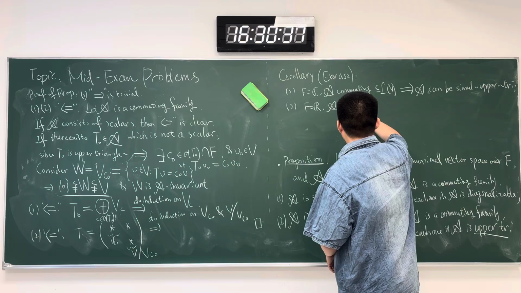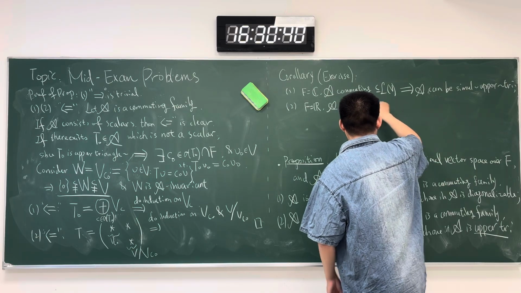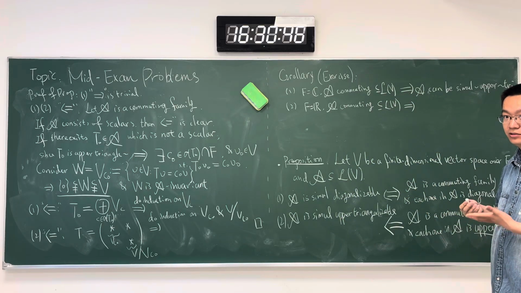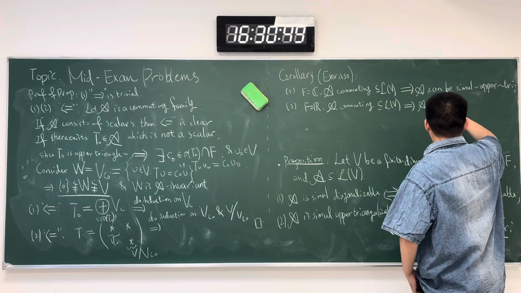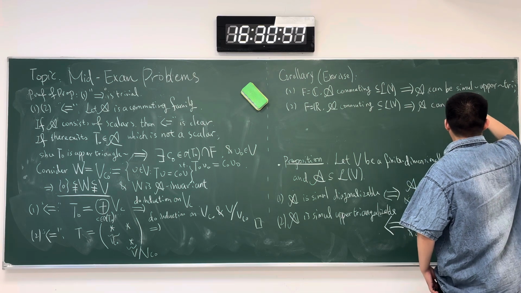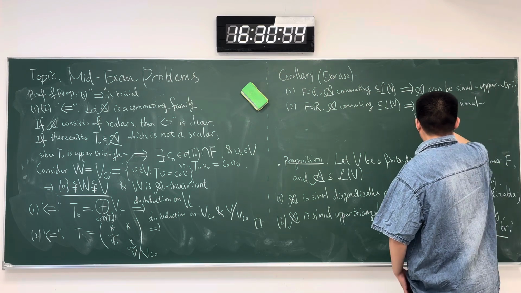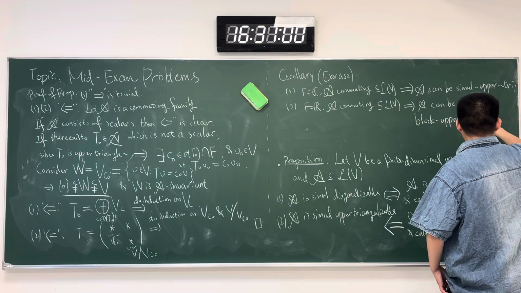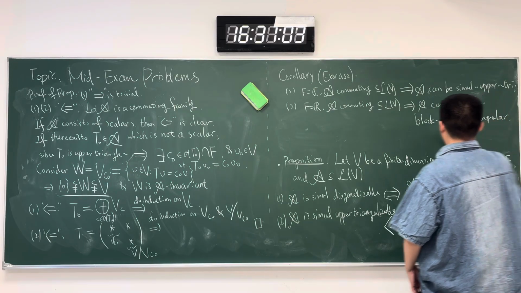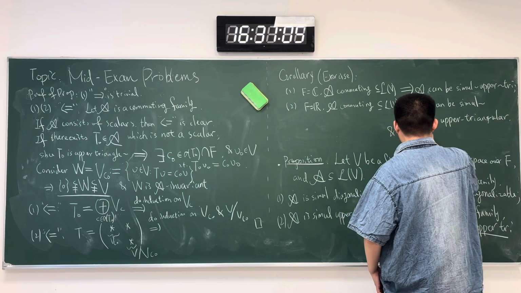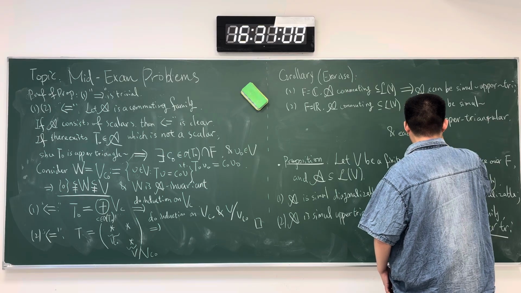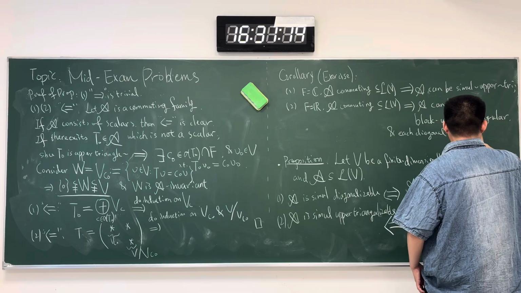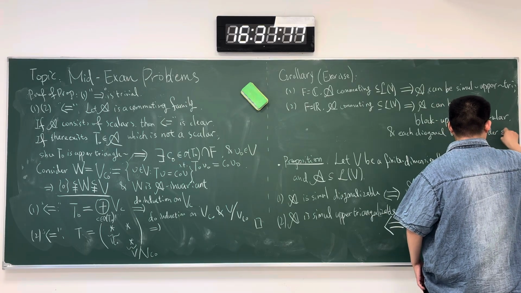So at least we can make it simultaneously block upper triangular, where each block on the diagonal has order not exceeding 2.